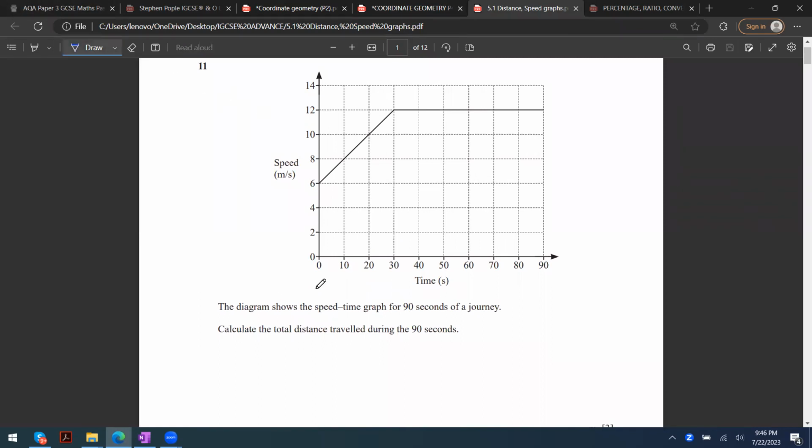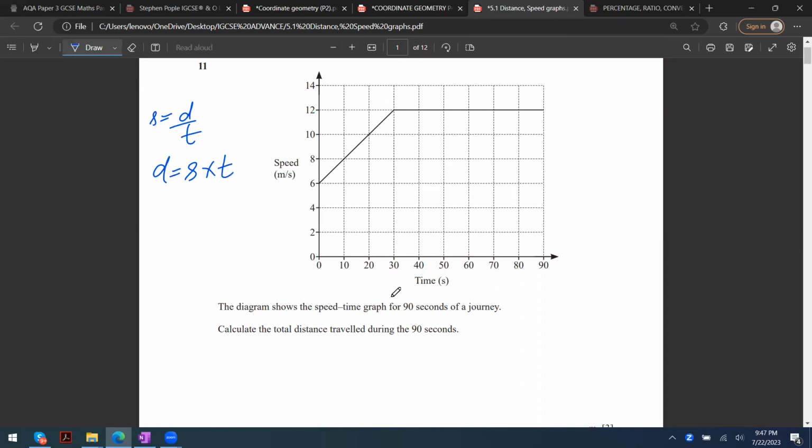The diagram shows a speed time graph for 90 seconds of the journey. Calculate the total distance. You know that speed is equal to distance over time, so if you make d the subject, distance is equal to speed multiplied by time.